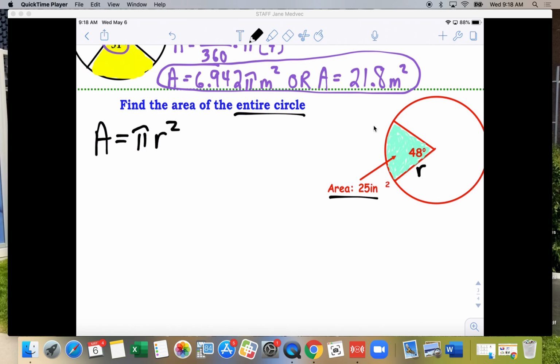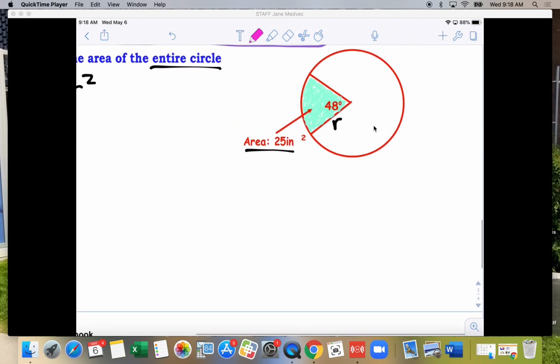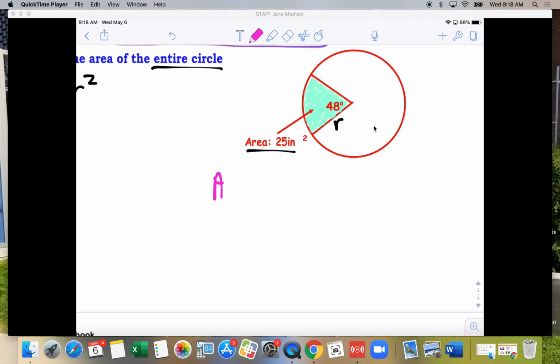So to do this, we're going to come off to the side over here, and I'm going to go, okay, area of the arc, and we'll call it AB, over 360 times pi r squared. The area of that sector is 25.